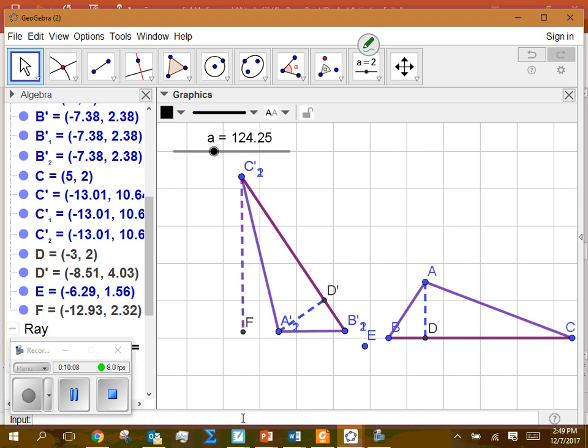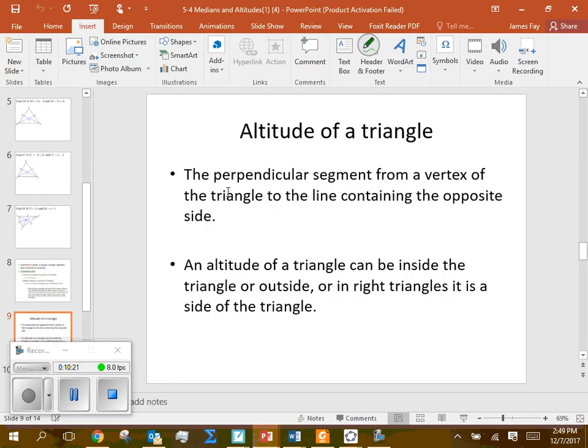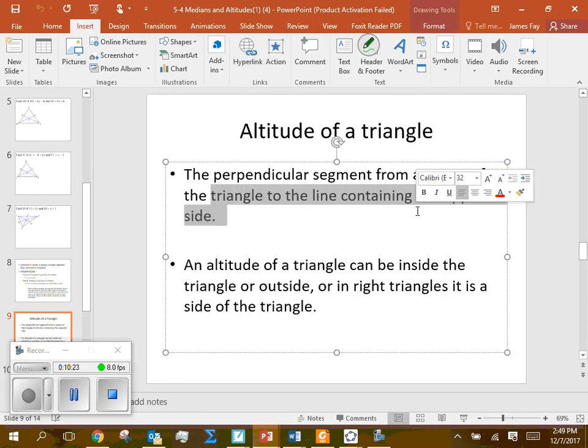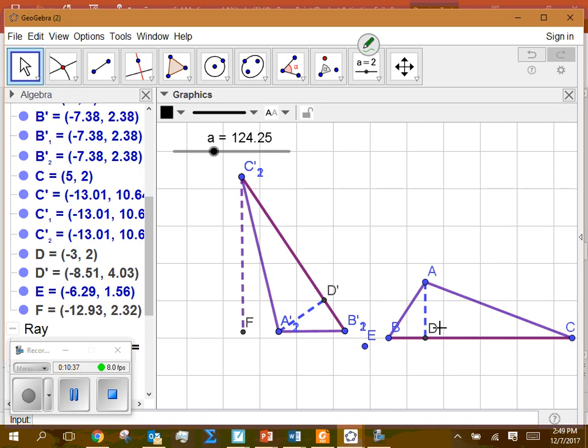That would resemble your tape measure. That's where the idea comes from that your altitude does not have to be on the inside of your triangle. That's why the definition says it's the perpendicular segment from a vertex of the triangle to the line containing the opposite side, because that line may be the opposite side. Like we had here, this altitude goes to the opposite side, right?